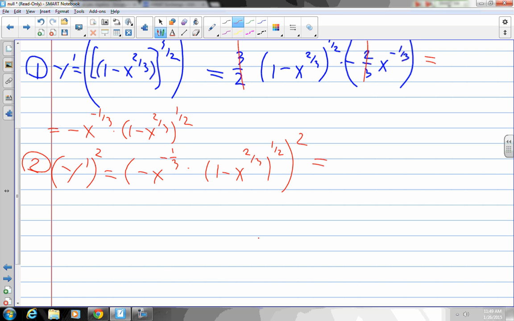So the square will kill the negative in front, and we'll make it x to the power negative 2/3, right? You're squaring a 1/3, you get a 2/3. I mean the power, you multiply exponents, and the square will kill the 1/2, so it's 1 minus x to the 2/3, period.